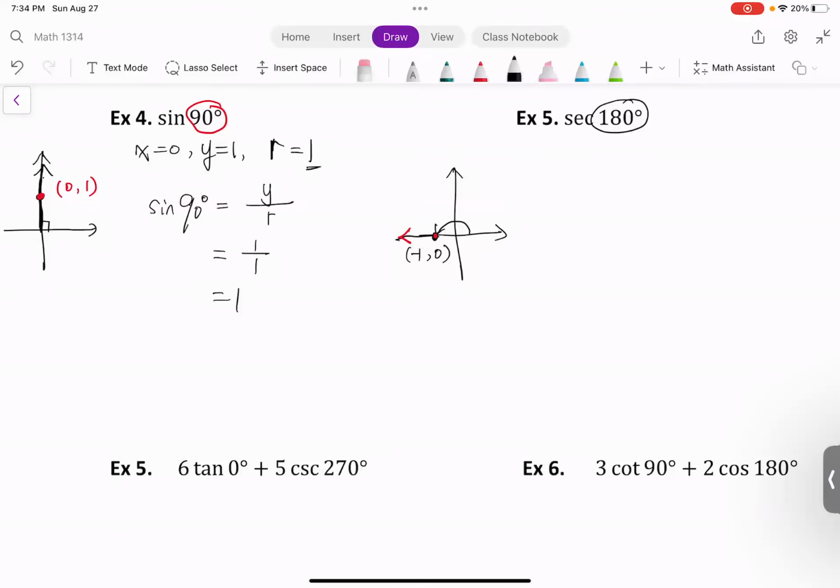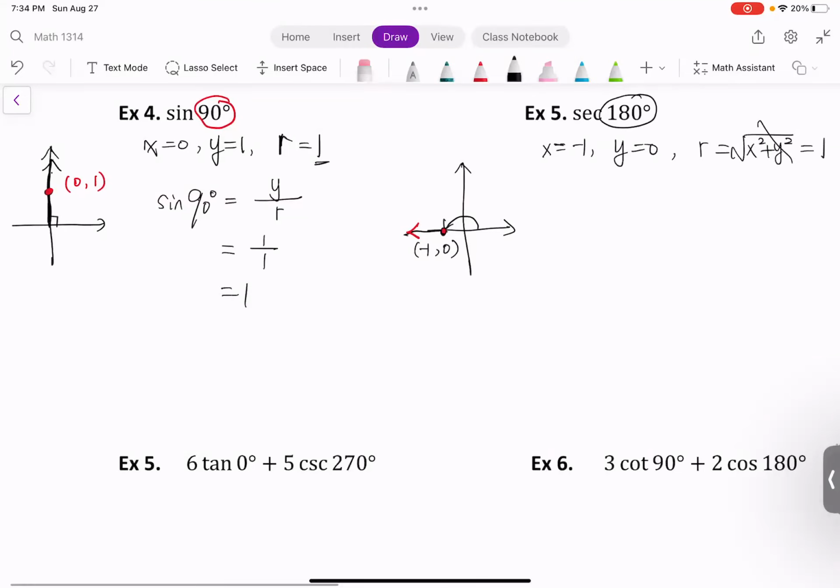So you can tell that from this point to the origin, the distance is 1. Or you say, I pick the point -1, 0, x equals -1, y equals 0. I can find my r using the formula, the square root of x squared plus y squared, it is 1. Or you just skip the step here and say r equals 1.